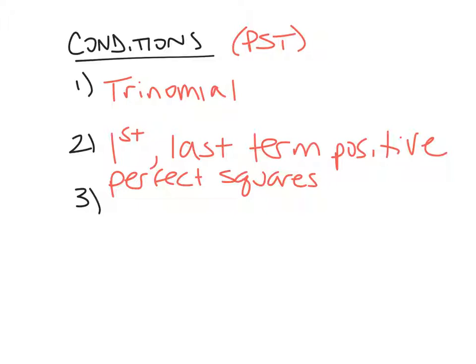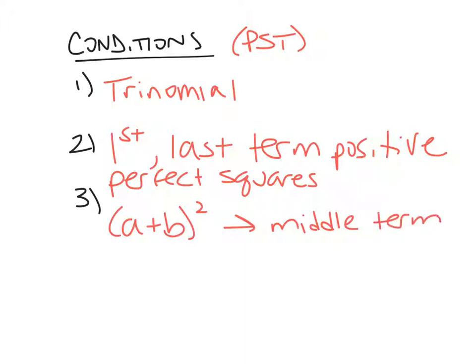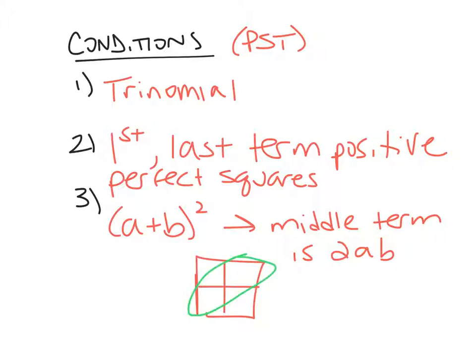And my last one is kind of hard to say. So if I want to be able to write it like this, then my middle term is 2ab. In other words, when I check this diagonal right here, then it's going to add up to 2ab.